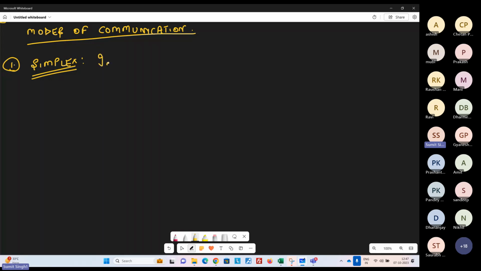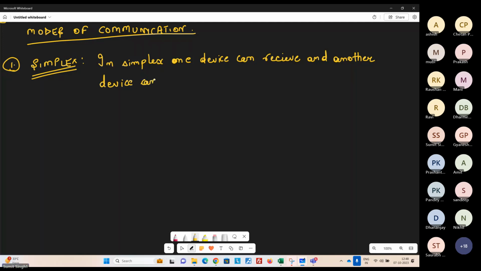In simplex, one device can receive, and another device can forward or transmit.